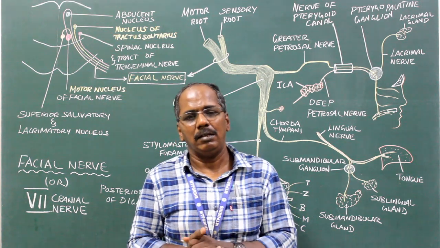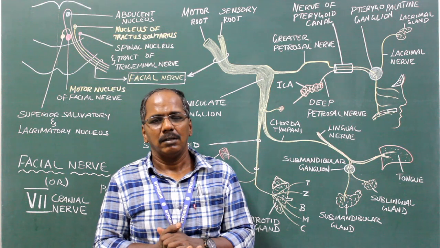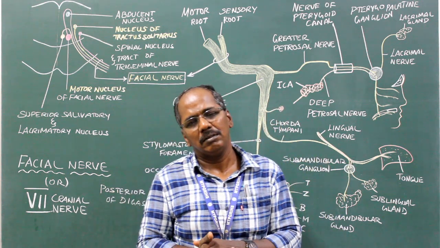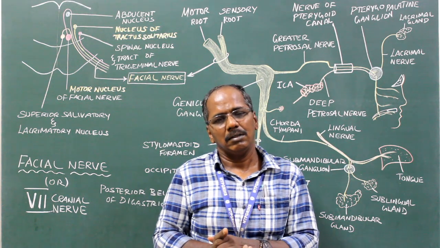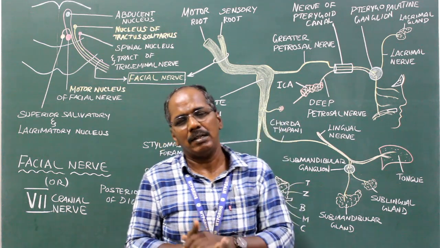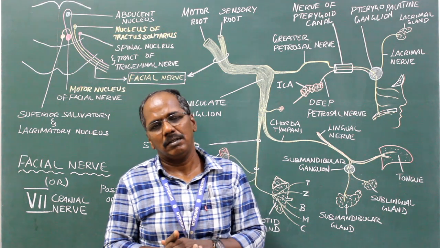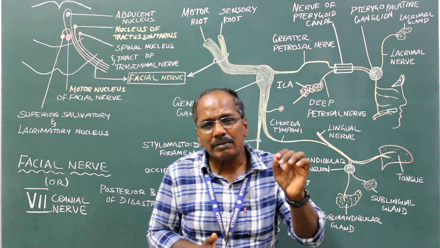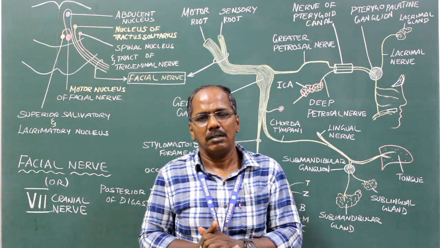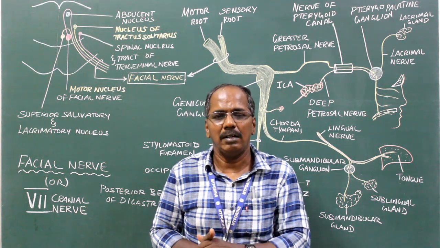Applied anatomy of facial nerve. In lesions of the facial nerve, there are 2 types: one is supranuclear lesion and another is infranuclear lesion. In case of a supranuclear lesion of the facial nerve, the lower part of the face is affected.